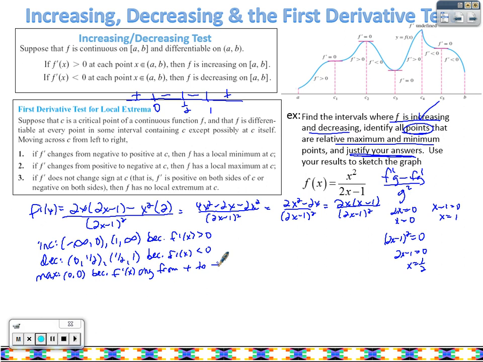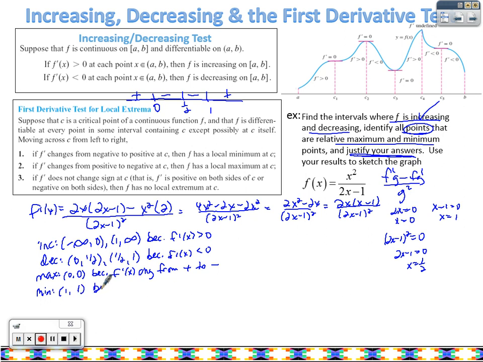Okay, minimum value. Actually, we want the minimum point. So we go back up here. Minimum is where we go from decrease to increase. So it looks like we have a minimum at 1. Now let's go find our y value. So 1 over 2 minus 1 is 1.